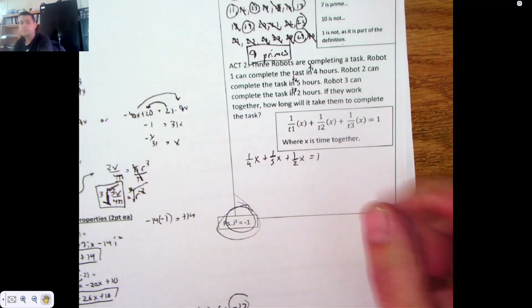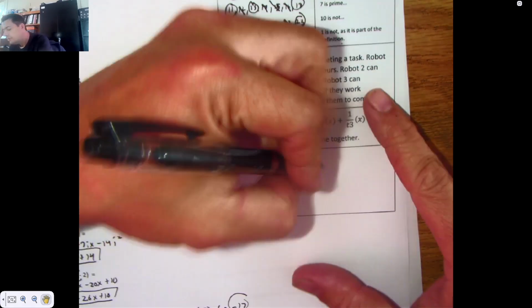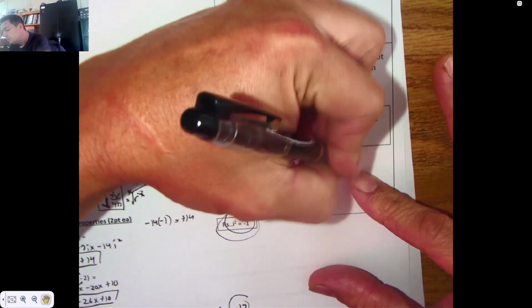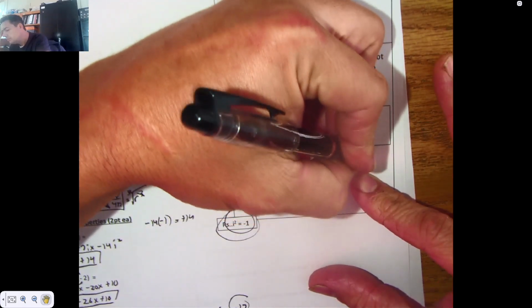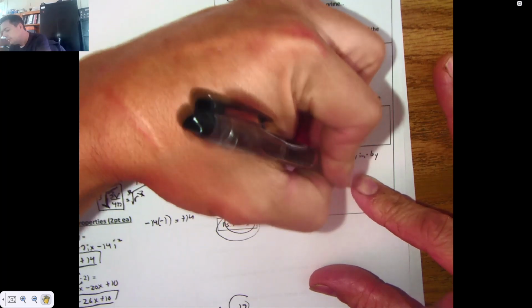And it equals 1. And I want to figure out how long it takes to do together. So I'm going to multiply everything by the LCD so I don't have fractions. 4, 5, and 2, the smallest thing they all enter is 20. What I'm doing is multiplying by a common denominator.